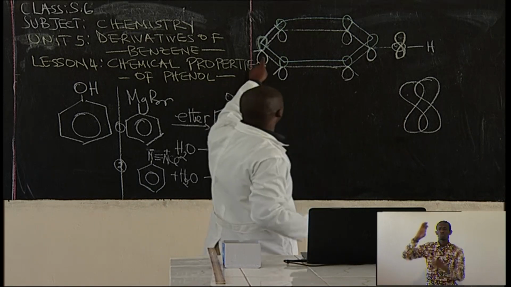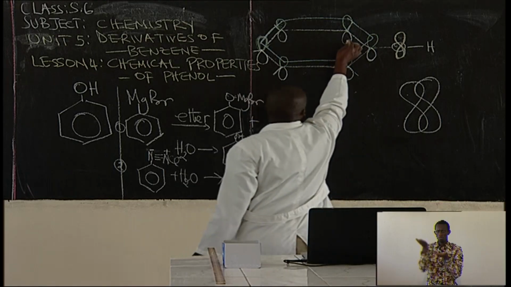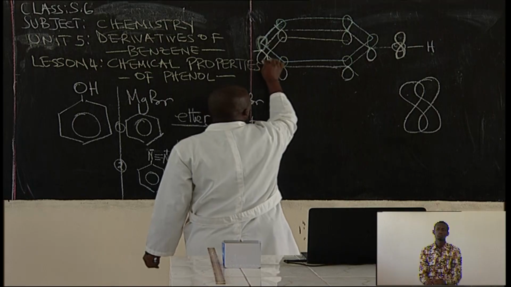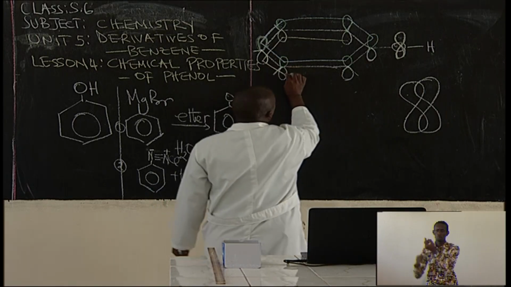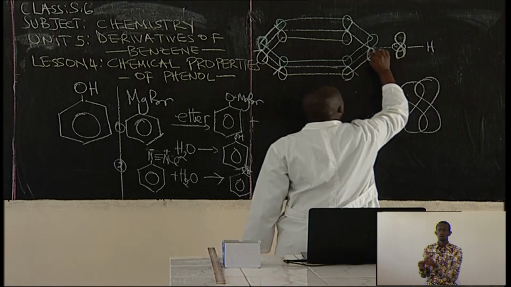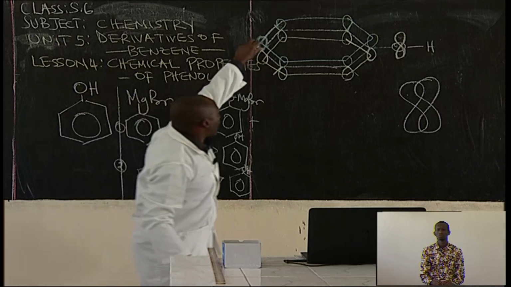And then you'll have these lower lobes also overlapping. So you have this lobe overlapping with that, and this one overlapping with this one. So that means we have two lobes.